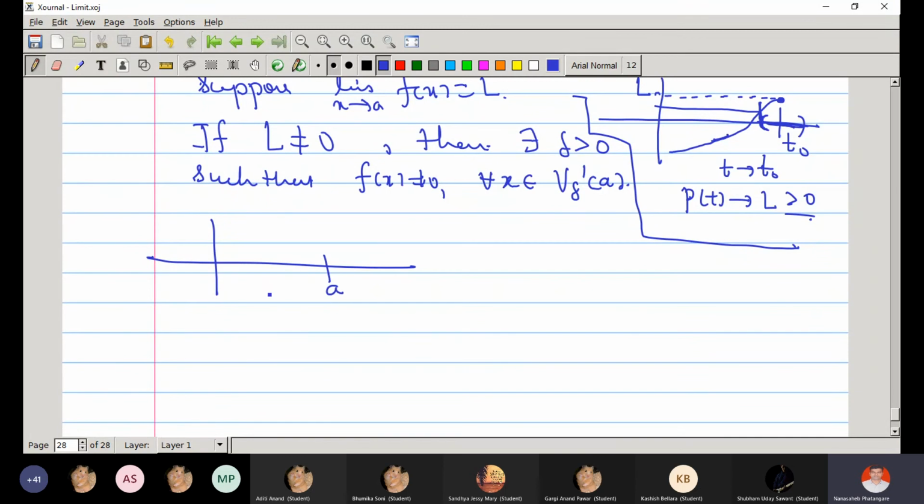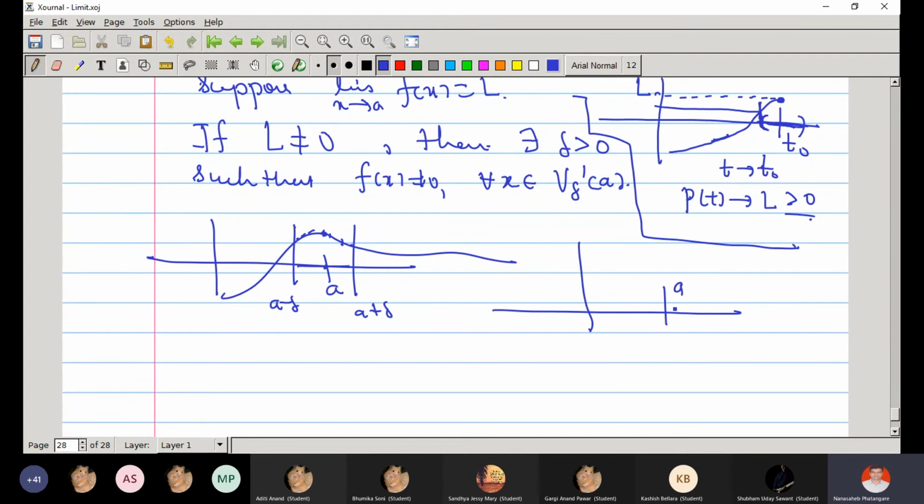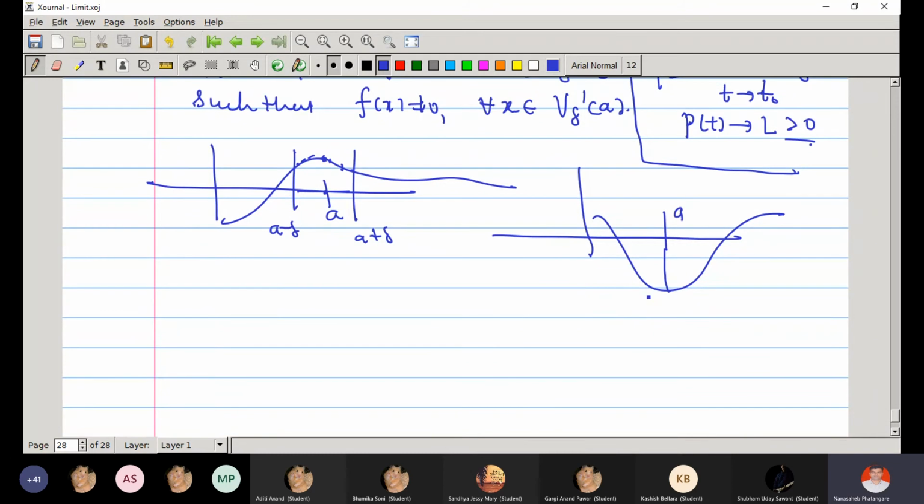So, if I am talking at a and I am saying that the limit at a is positive, whatever my function is, then there is a neighborhood a minus delta to a plus delta. In that neighborhood already the function is positive. Right, if non-zero, either positive or negative. Our situation may be like this: the limit at a is negative.